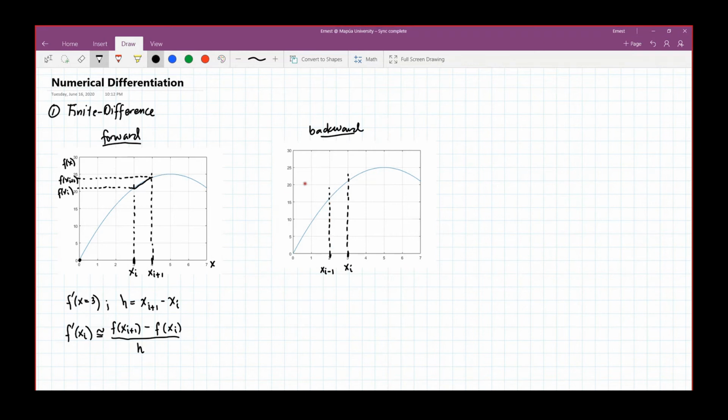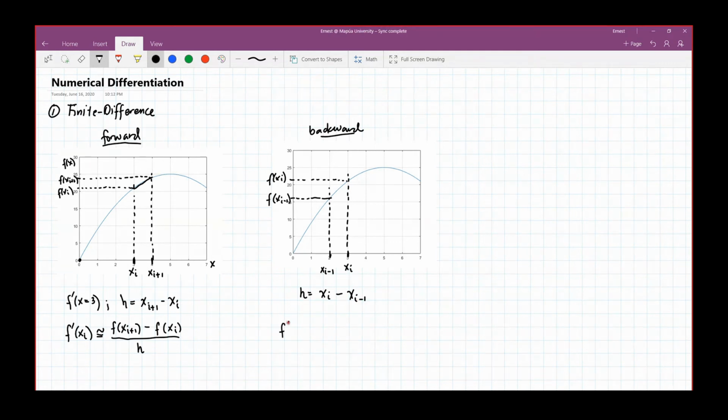The value of f at xi is here, and the value of f at xi minus 1 is here. So our h here is xi minus xi minus 1.